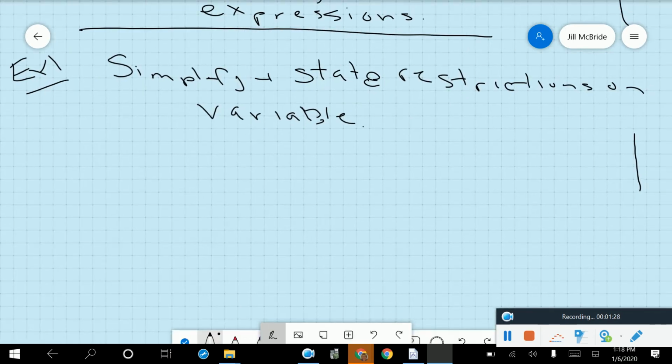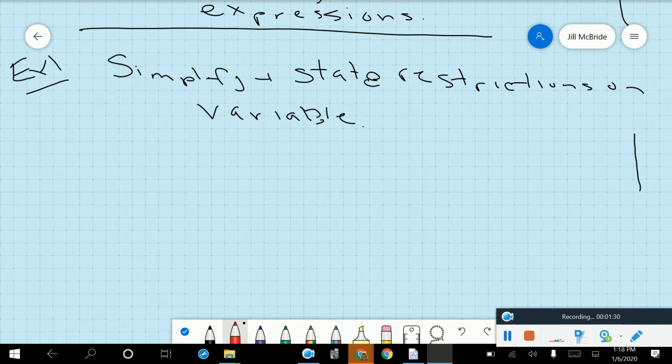Okay. So we're going to go x. Let's try this. X squared minus 2x divided by x squared minus 4.